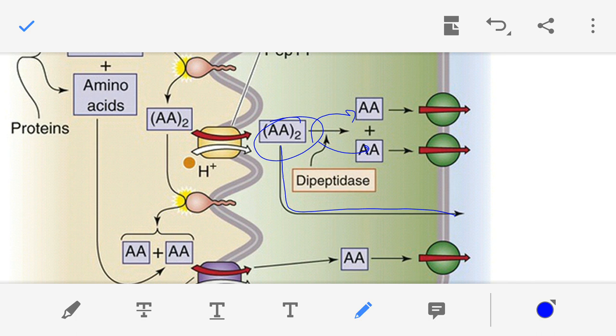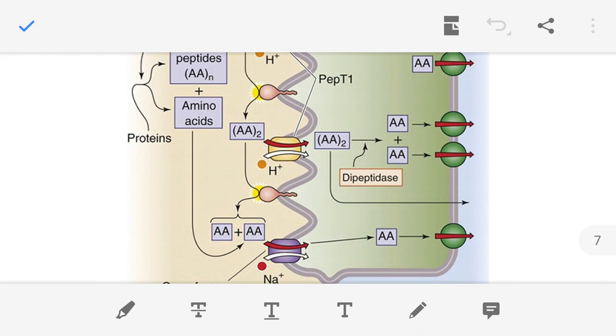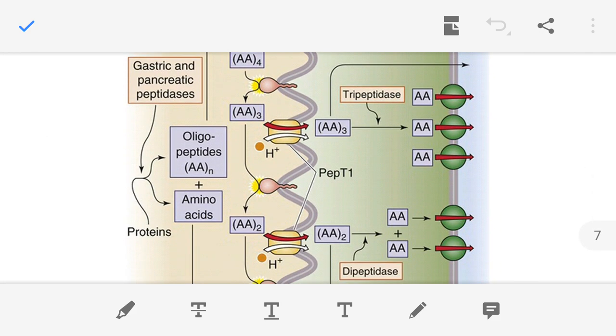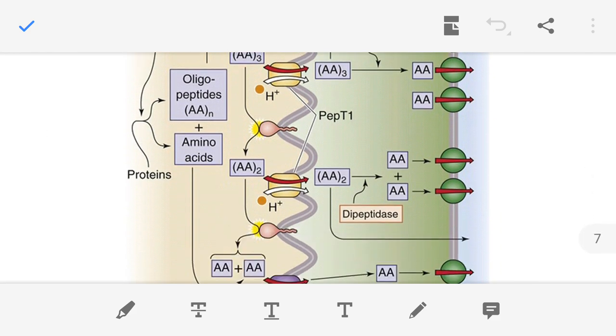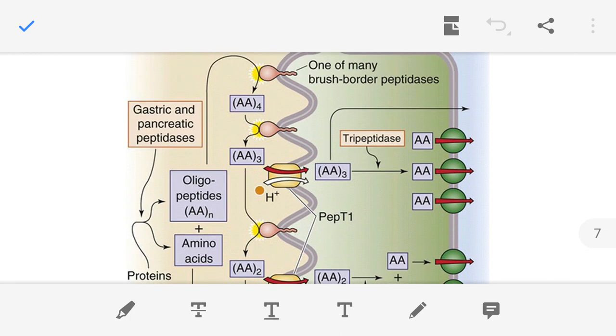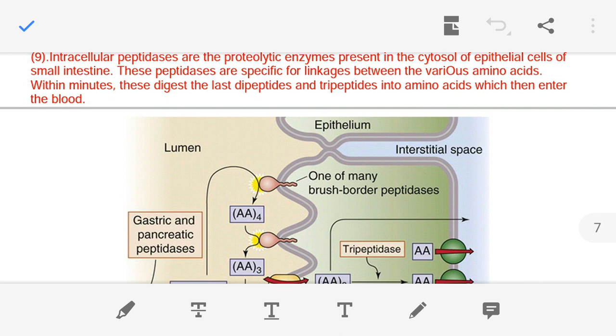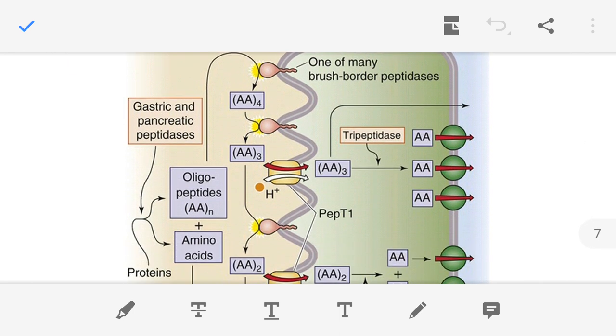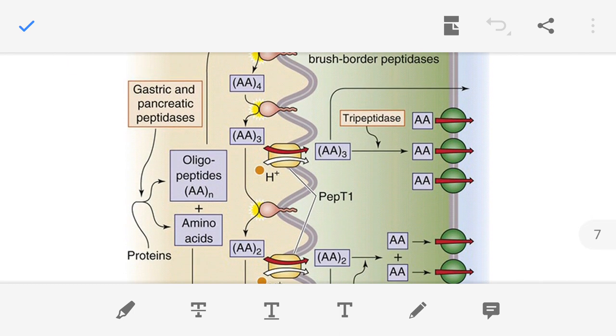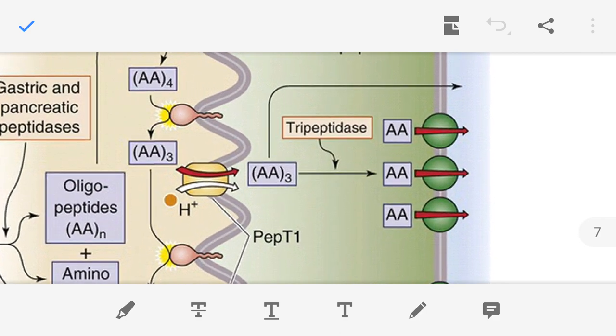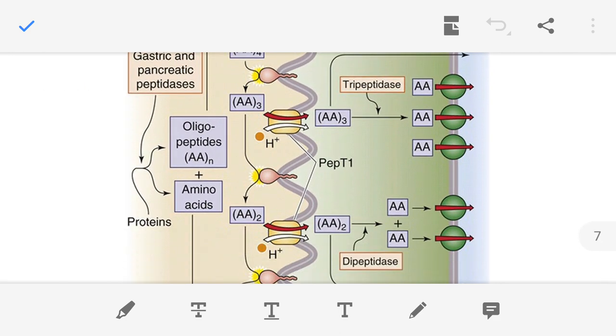To explain that, I have to deliver one more lecture. Then you will understand why these arrows are shown. So here, in the cytoplasm of the small intestine, the protein in the form of tripeptide and dipeptide is further digested and converted into amino acids.